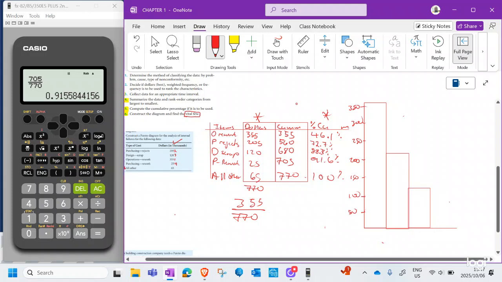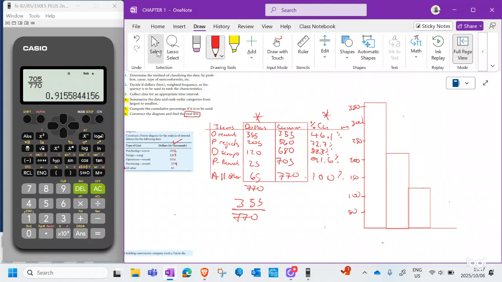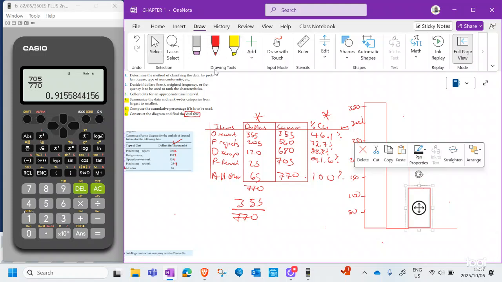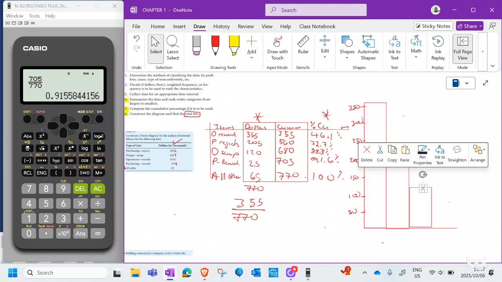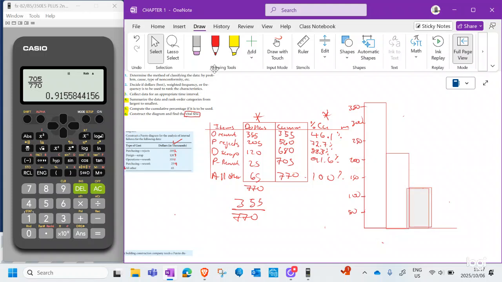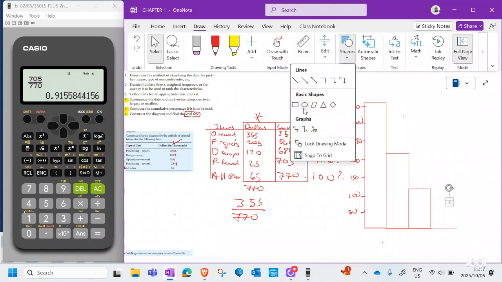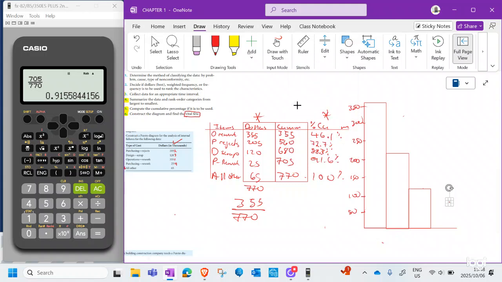Guys, why are we arguing amongst ourselves? What's happening? Comrades, come on. Right, then 25.